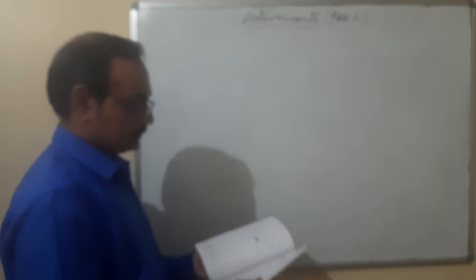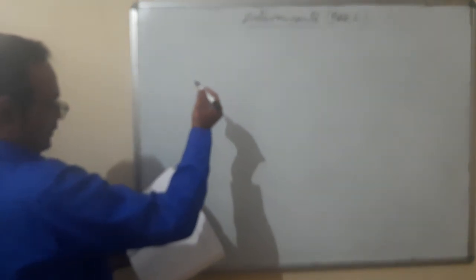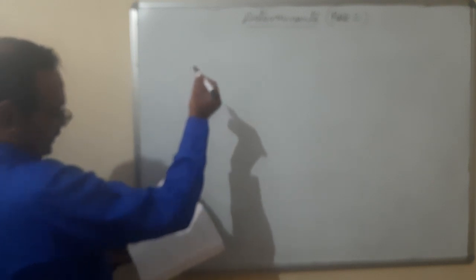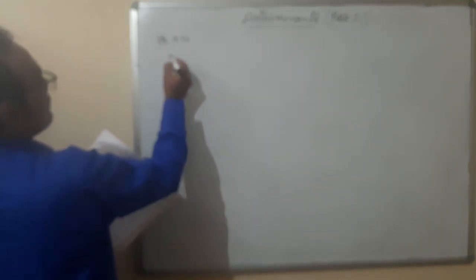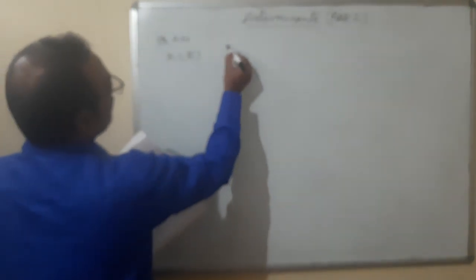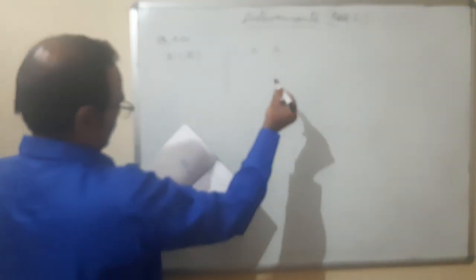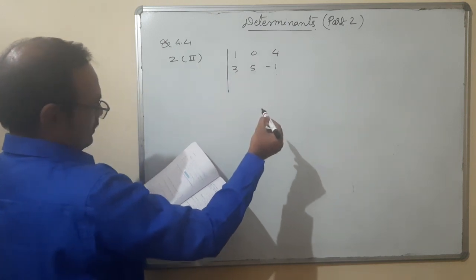For writing the minors and cofactors, suppose I am taking one question, the second question, second part of exercise 4.4. The determinant is 1 0 4, 3 5 minus 1, 0 1 2.